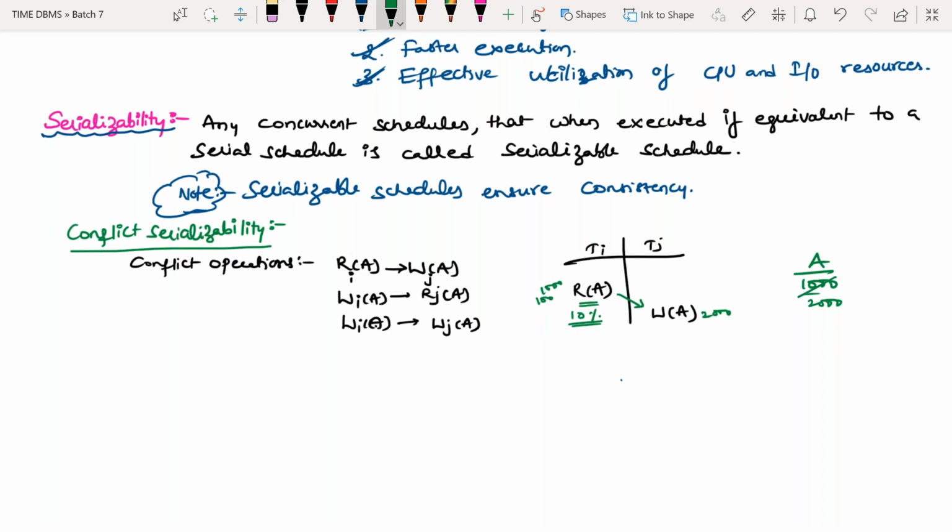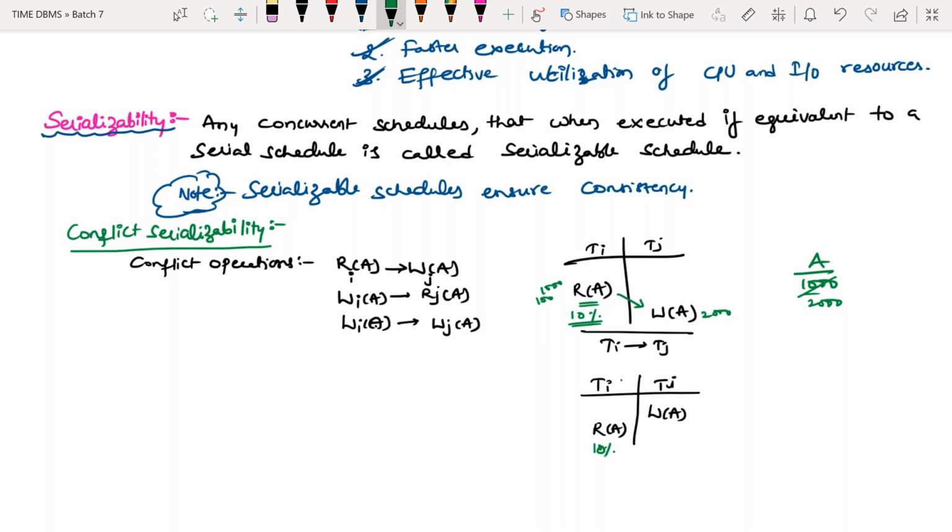Now just imagine if these two operations execute in the opposite way, meaning the order is not Ti to Tj but Tj to Ti.